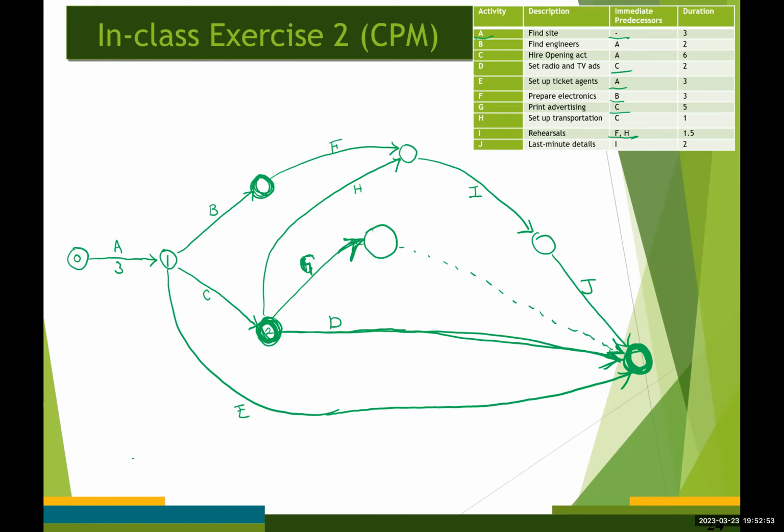And then either of these can be node number 3, so I'm going to go with this number 3. And then either of these can be event number 4. And then these must be number 5, 6, and 7. So we complete the AOA network diagram here.